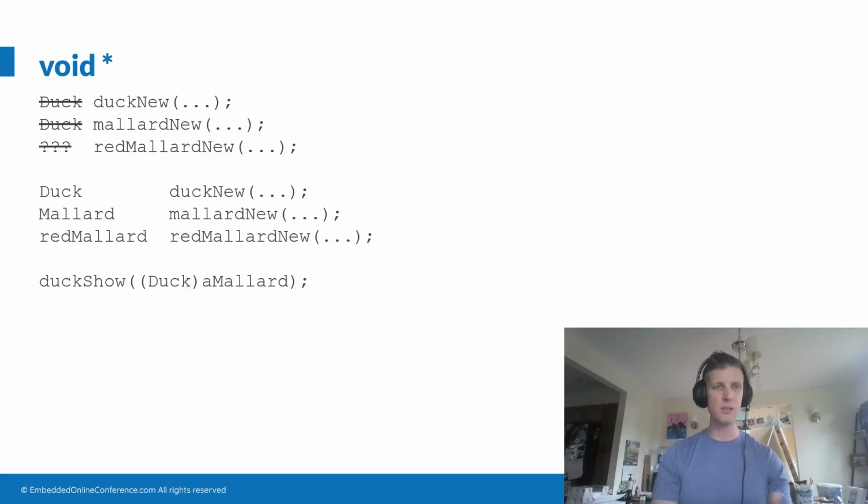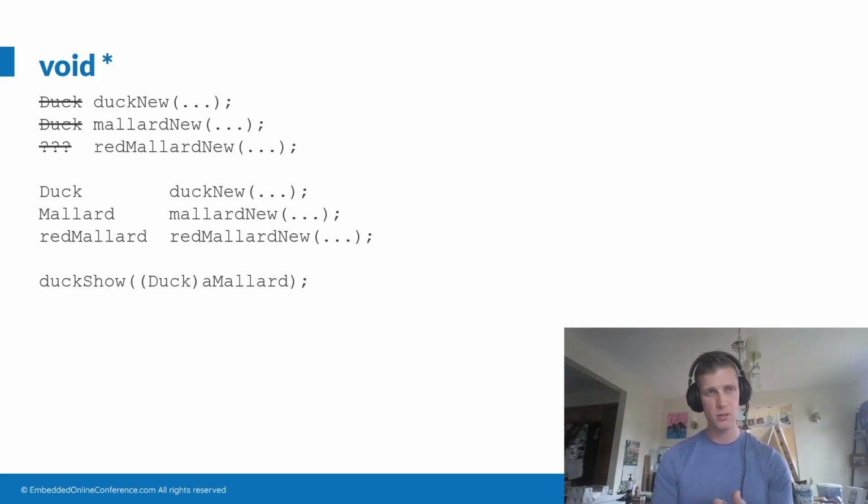So maybe I go back to an implementation where each of my classes returns its own data type. That works, but to me it gets a little clunky, because now if I want to call this base class function on a Mallard, which is a derived class, I should be able to call it, but the C compiler is going to complain unless I recast that Mallard object as if it were a duck object. So to me, this is not really polymorphic at that point, because I still have to force the compiler to look at this thing differently than it was before.